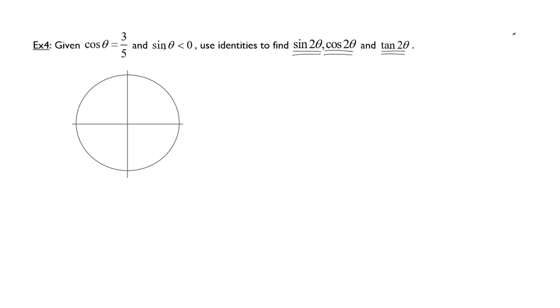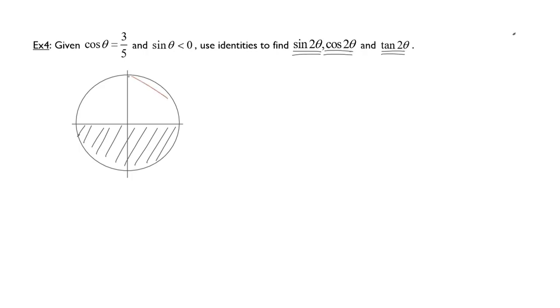First, we need to figure out where theta exists. We know that if sine of theta is less than 0, that would have to be the third and fourth quadrants only. But cosine is positive, which means we also need to rule out any values that would make cosine negative.